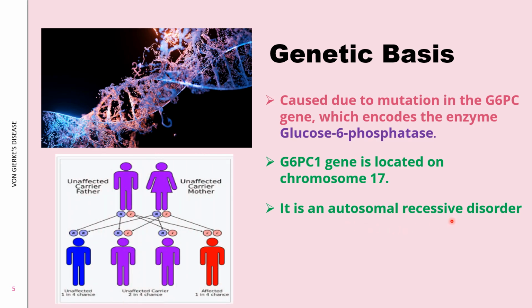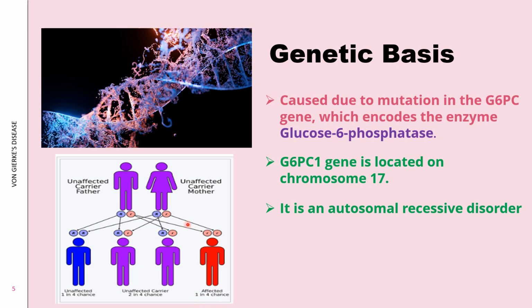What this means is, in this diagram, we can understand it. If both the parents are carriers, then the chance of having the disease is 25%, that is 1 out of 4.